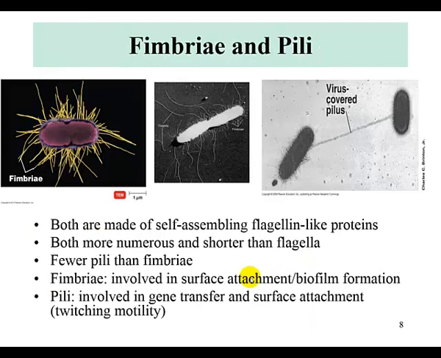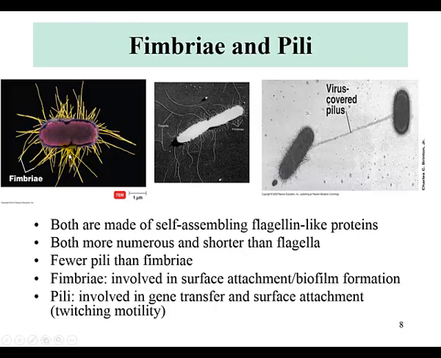Many bacteria have hair-like appendages that are shorter, straighter, and thinner than the flagella. Much of them are used for attachment and for the transfer of DNA rather than motility. The fimbriae are one such structure. They can occur at the poles, or they can be evenly distributed over the entire surface of the cell, such as in this image over here on the top left.